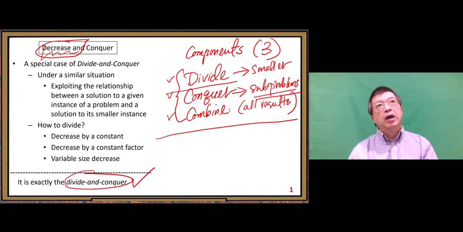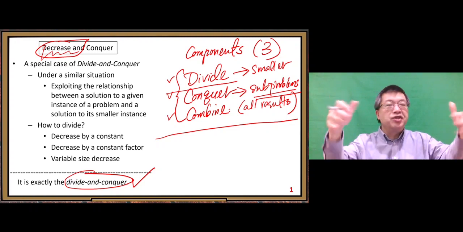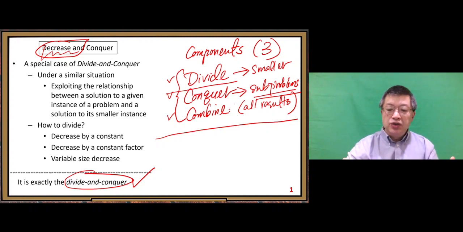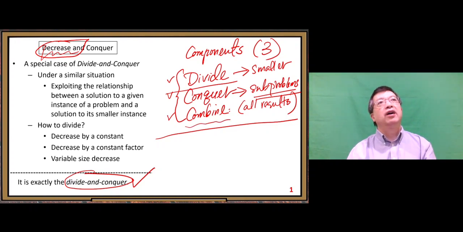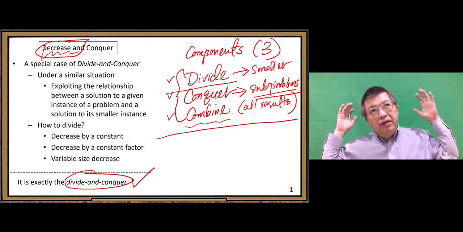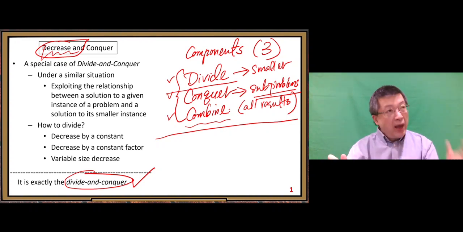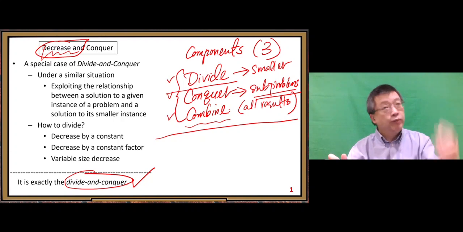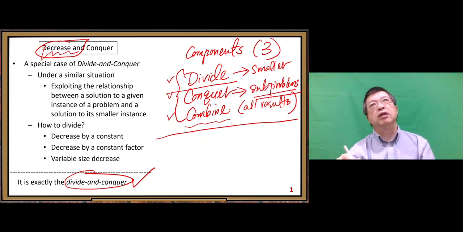That's impossible. If you make the divide step very easy, then usually your combine step could be very hard. If you make the combine step very easy, then by the trade-off principle, your divide step could be hard.